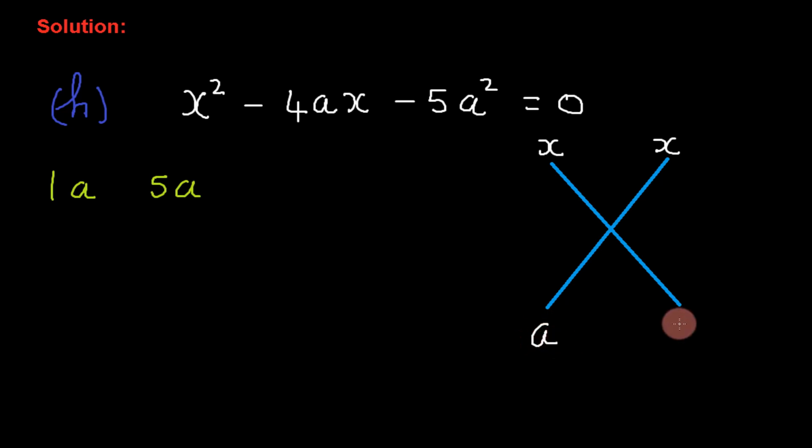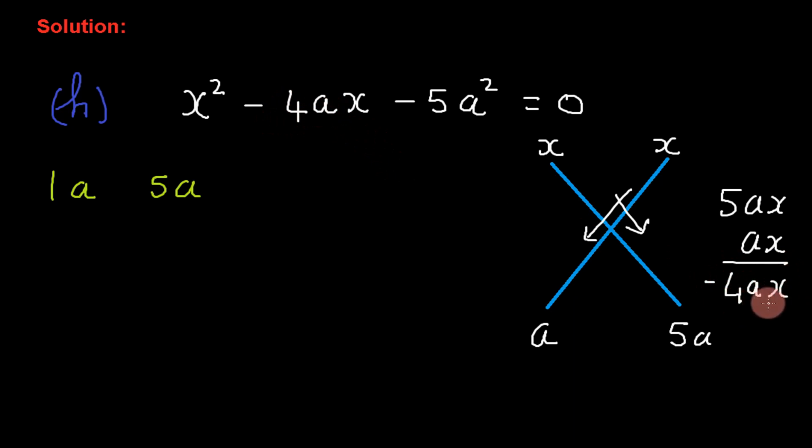So a and 5a, we cross multiply. X times 5a is 5ax, and x times a is ax, or 1ax. Our middle term must be negative 4ax.